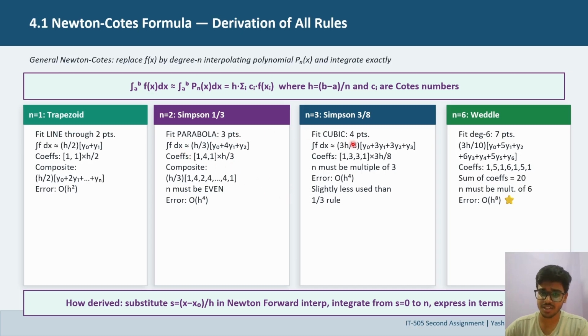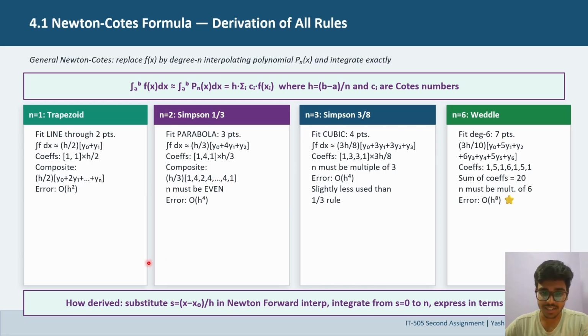For Simpson's 3/8 rule, integral is approximately equal to 3h by 8 into y0 plus 3y1 plus 3y2 plus y3. And finally for Weddle's rule, 3h by 10 multiplied by y0 plus 5y1 plus y2 plus 6y3 plus y4 plus 5y5 plus y6.